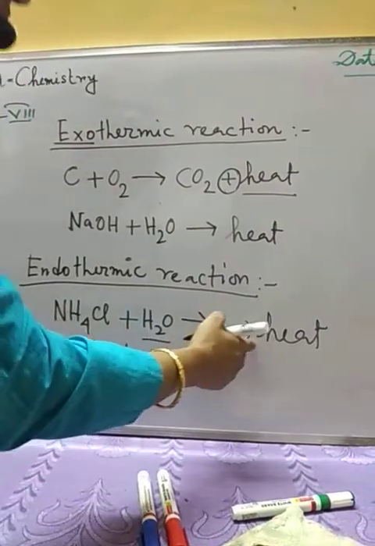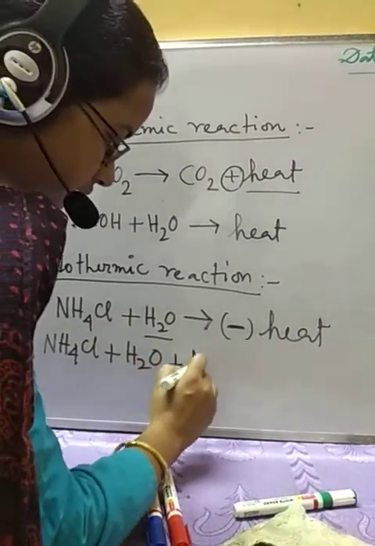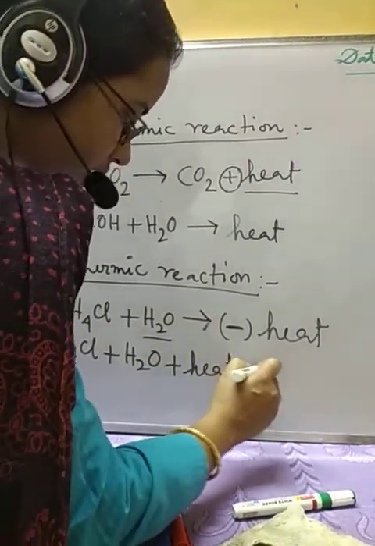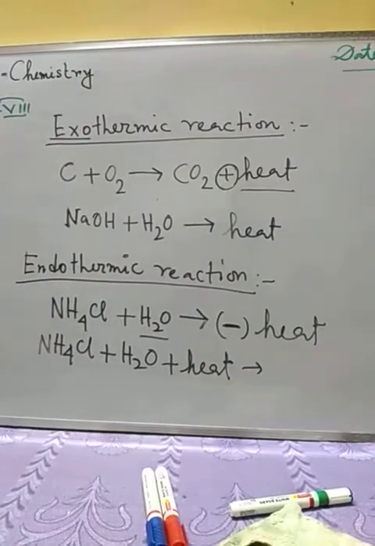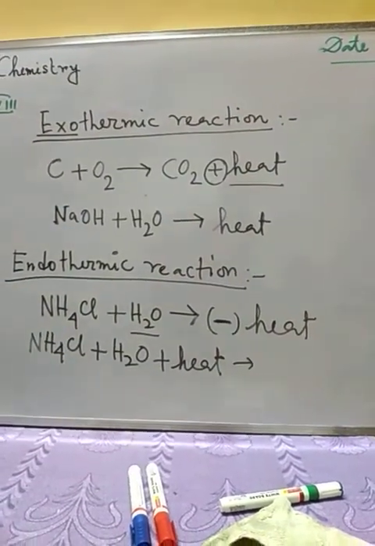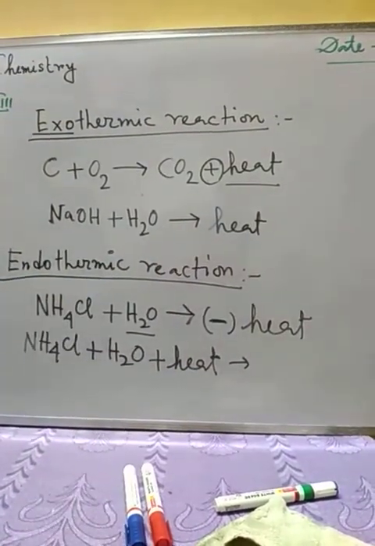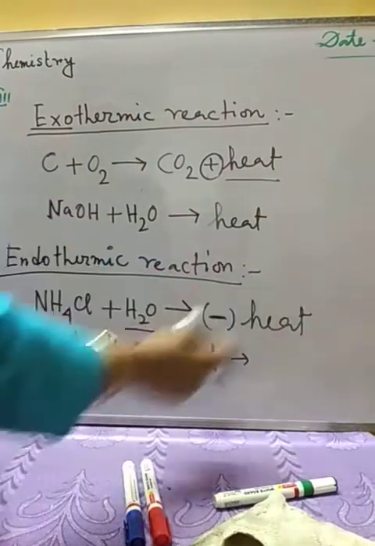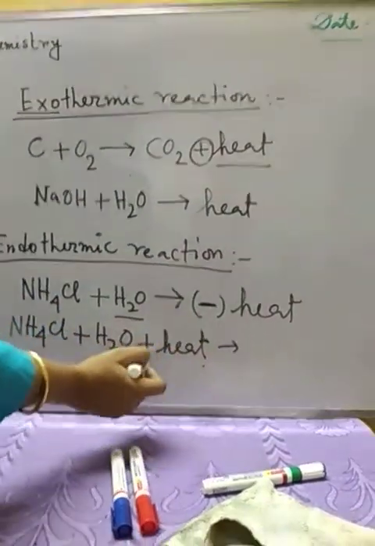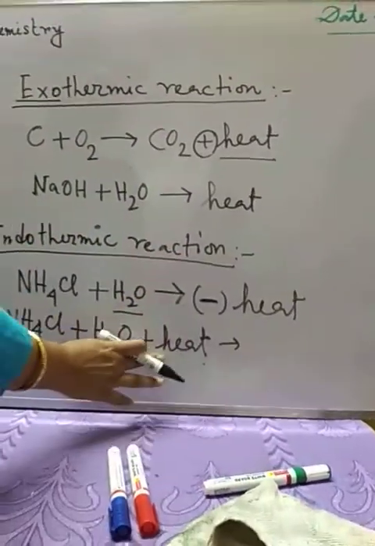As we have written minus on this side, if we write plus, we are going to get the desired dissolved ammonium chloride in this manner. As we are interchanging this whole heat part, we will just change the sign here from minus to plus.